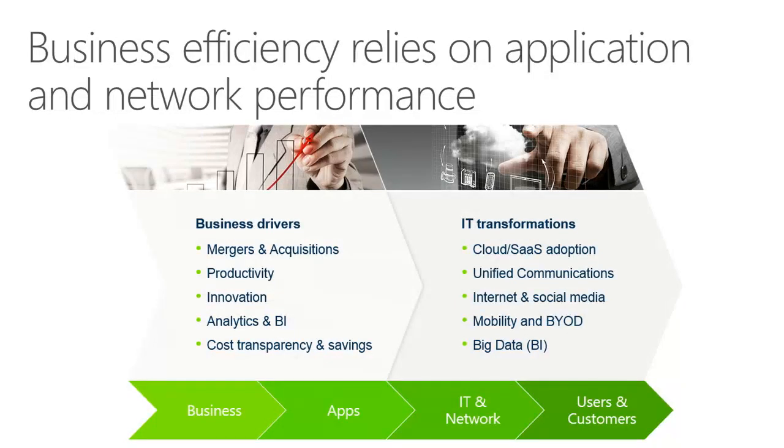What does this mean? IT and network resources get more and more loaded and are really also expected to perform better to deliver the services, and of course normally we have to do this at a lower cost as well.